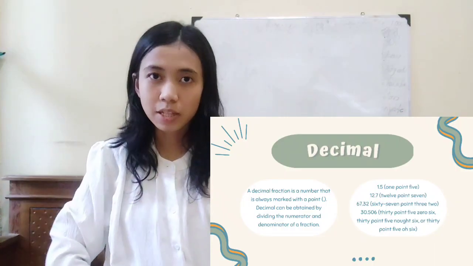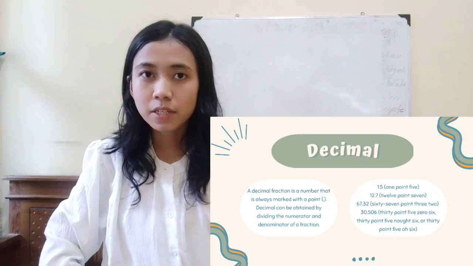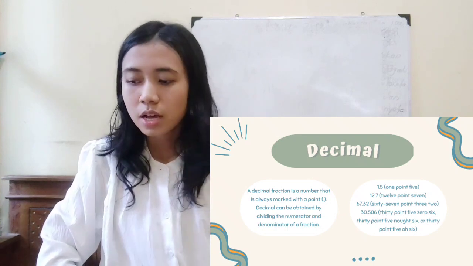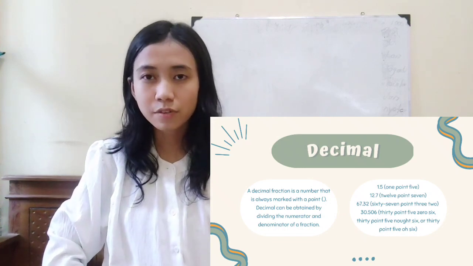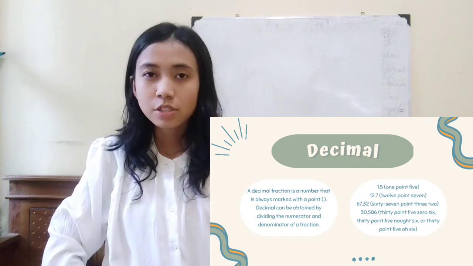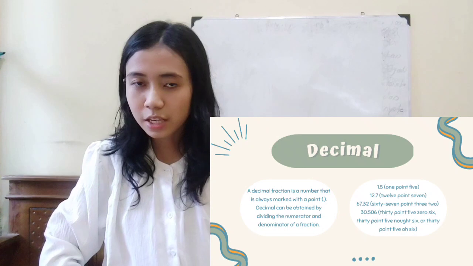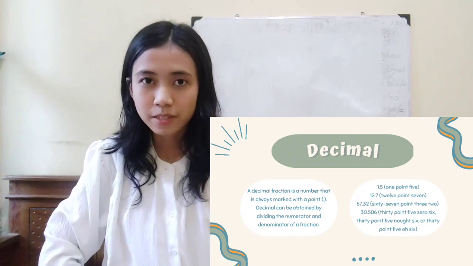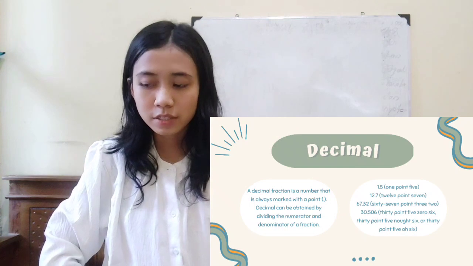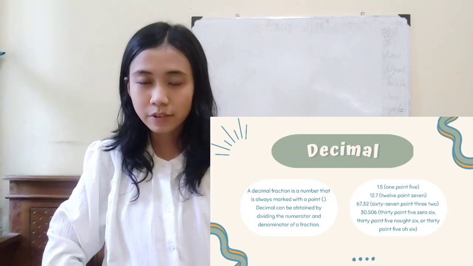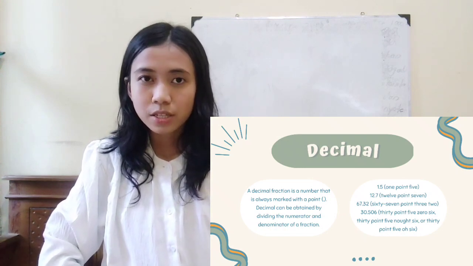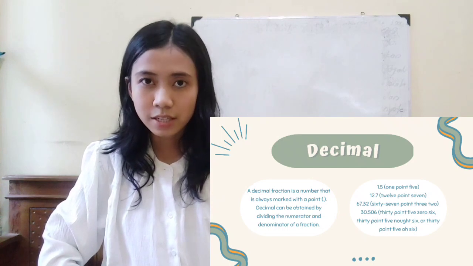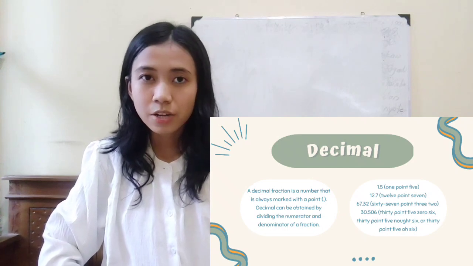Second is decimal. A decimal fraction is a number that is always marked by a point. A decimal can be obtained by dividing the numerator by the denominator of a fraction. To pronounce decimals, we can say 1.5, 12.7, 67.32, or 30.506.